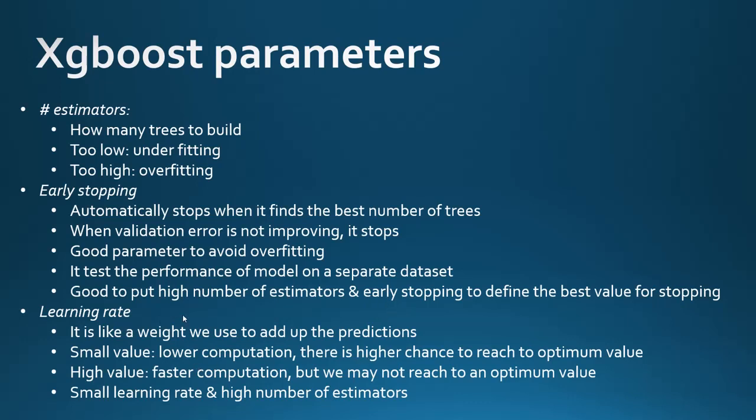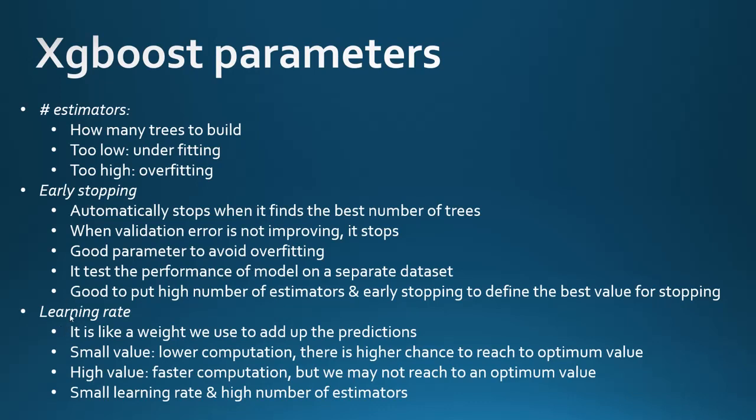And then we have the learning rate, which is like a weight that we use to add up the predictions. If we put a small value, it means that we have a really long time for training our model. So there is a higher chance that we reach the optimal value, but we need lots of time for the training.